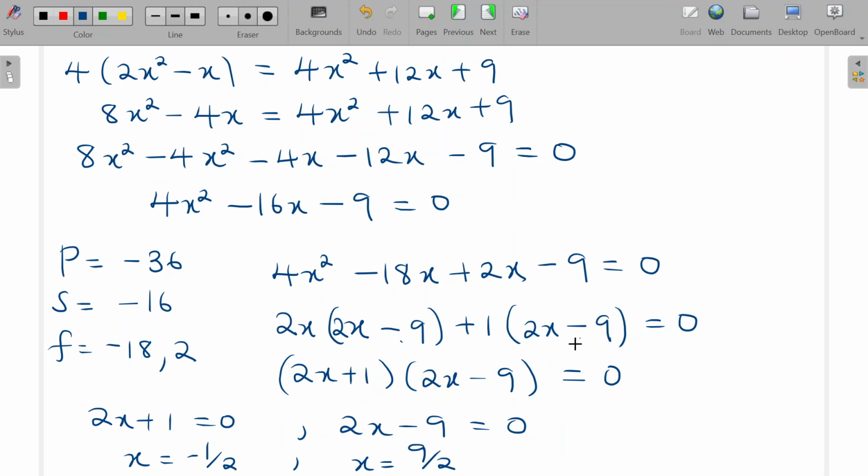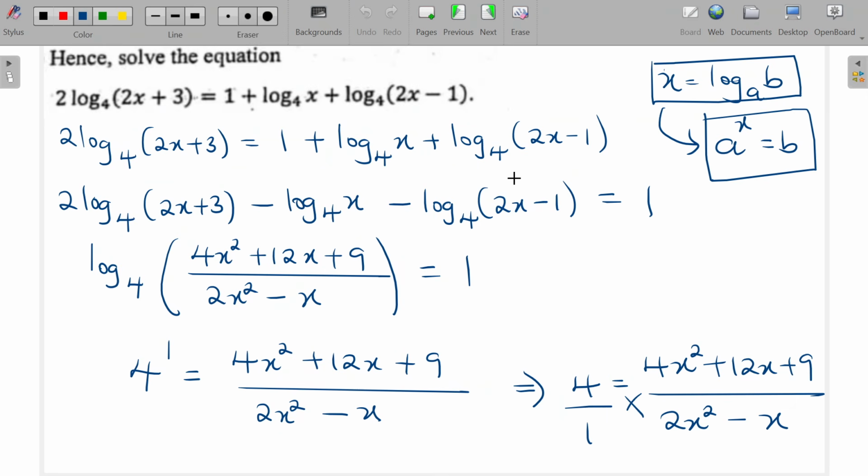Now, when I'm dealing with logarithms, I don't just accept my answer the way I've gotten it. I have to test my solutions on the original equation. I have gotten negative half and positive 9 over 2.